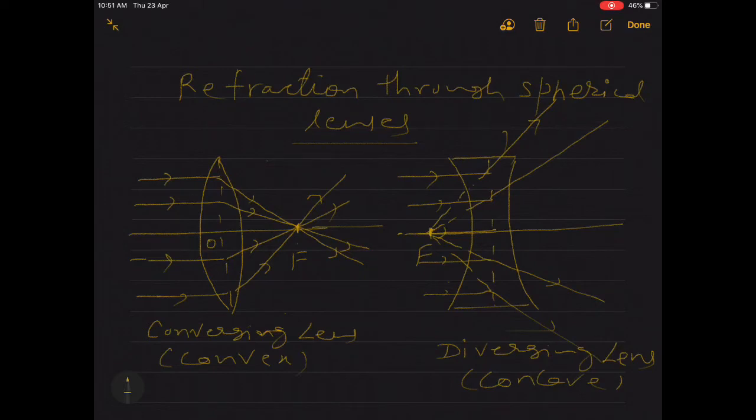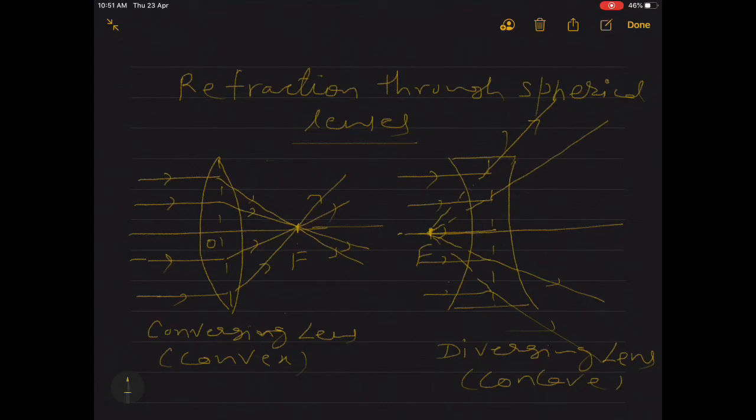So you can see these rays are not really passing through this single point. When we produce them backward, then only they appear to diverge from this point F. So the focus of this concave lens is not a real point, it's an imaginary point, but the focus of a convex lens is a real point that can be obtained on the screen as well.